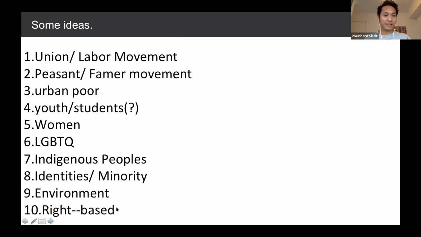So in rights-based here, you see there's union or labor movement, peasant or farmer, urban poor, youth or student, women, LGBTQ, indigenous peoples, identities or minorities, environment, rights-based, corruption, and so on. You can choose from this, or if you have something that you're more interested in, just feel free.